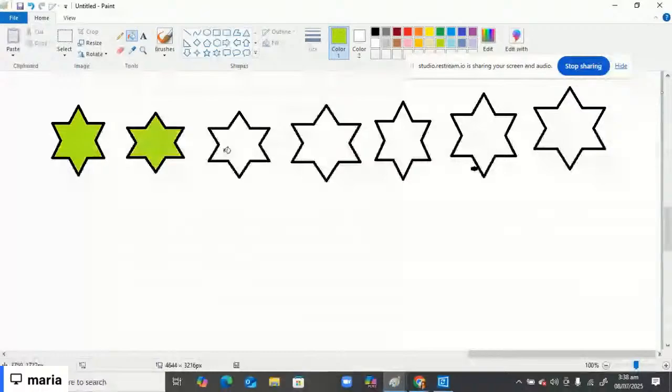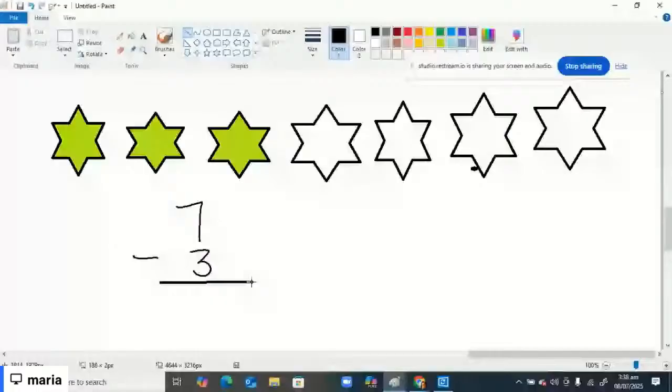How many total? These are 7. How many colored? 1, 2, 3 colored. Okay, so we're finding that out. Now you draw the 7 lines. Let's do it.